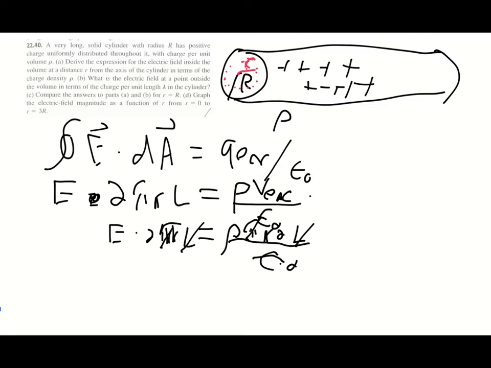And that means E is going to be whatever's left, which is going to be rho. There is an r squared up here, and one r divides out. And we're going to have just rho r over 2 epsilon naught. That's going to be our electric field on the very inside of it.